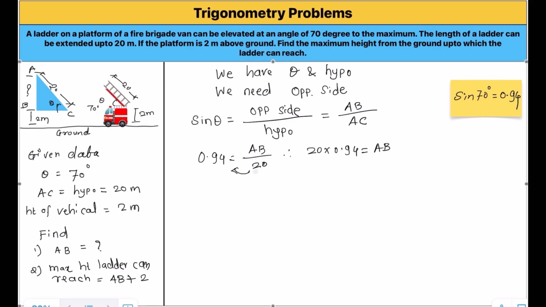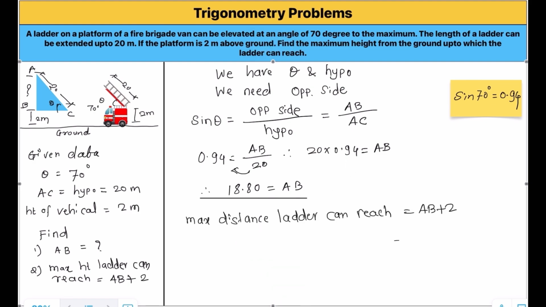Simplifying this, sending 20 to the LHS, we get 20 into 0.94 is equal to AB. By doing this multiplication, we get the value of AB as 18.80. We have already seen the maximum height the ladder can reach is AB plus 2. Now we have AB, which is 18.80, plus 2. So the maximum distance the ladder can reach is 20.80 meters.